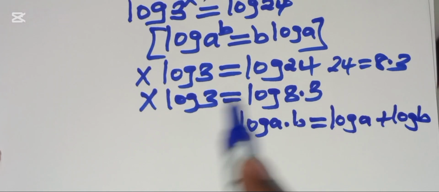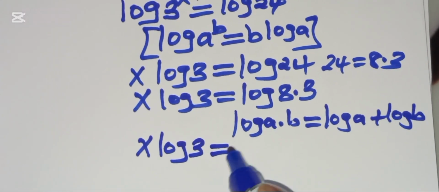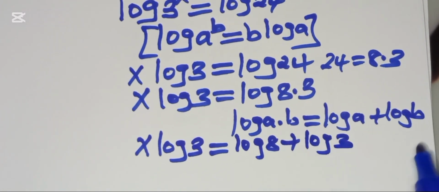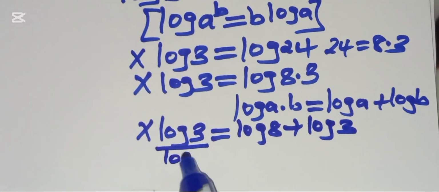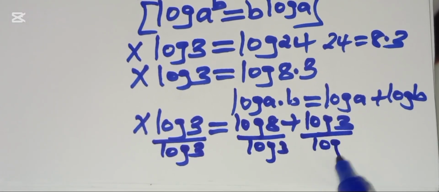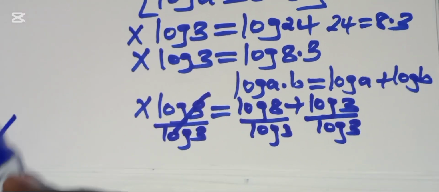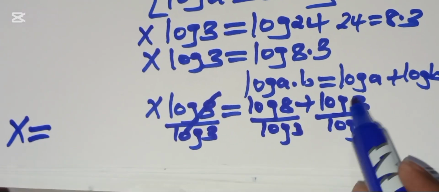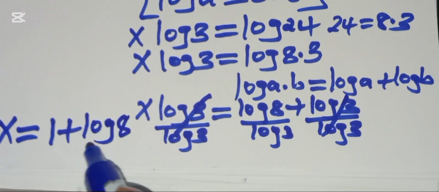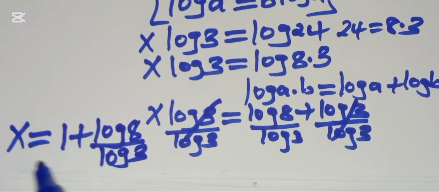So we have x log 3 equal to log 8 plus log 3. You divide both sides by log 3, so that x is equal to 1 plus log 8 divided by log 3. This is the value of x.